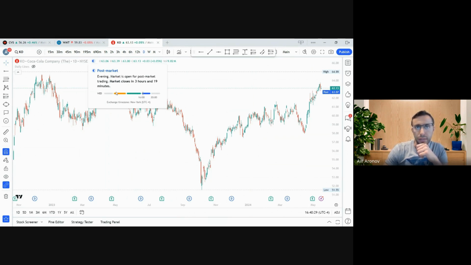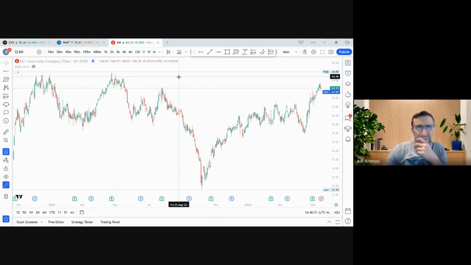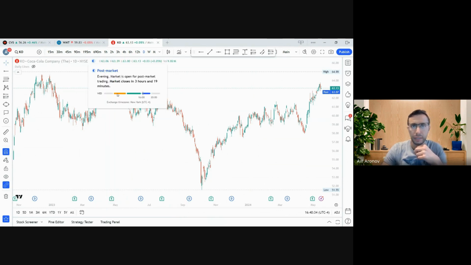The pre-market will be from after midnight, 4 a.m. to 9:30, then 9:30 to 4, and then 4 to 8. At 8 o'clock it will shut down, will not move. The stocks, the shares, but the futures will move 23 hours, and the cryptos will be moving 24 hours. So it's very important here.